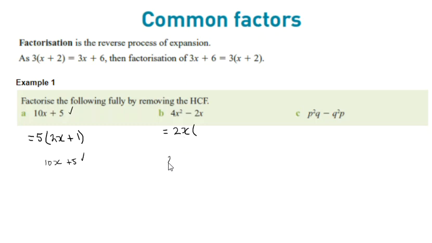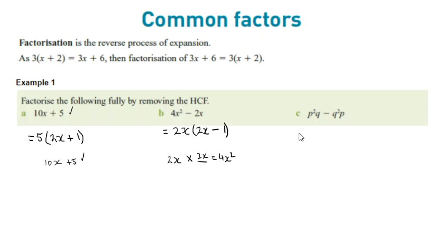And I can write that down even if you can't do it in your head, and that's fine. 2x times what will give me 4x squared, and that of course is 2x, so 2x will go in there. There'll be a minus sign. 2x times what will give me 2x, and of course that's 1.